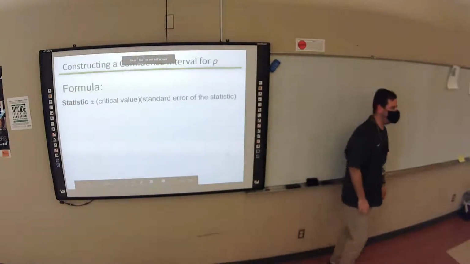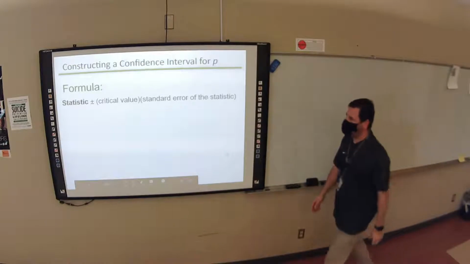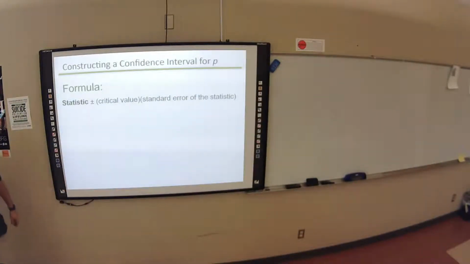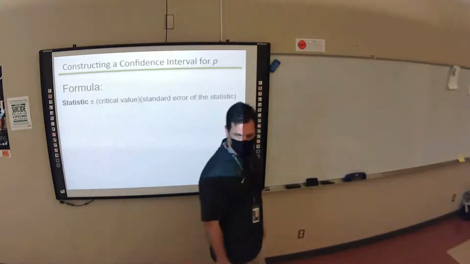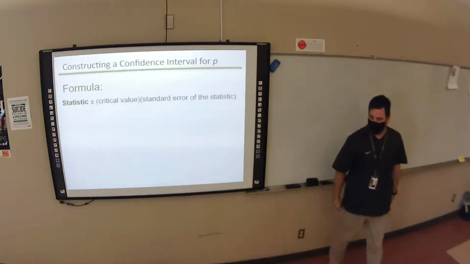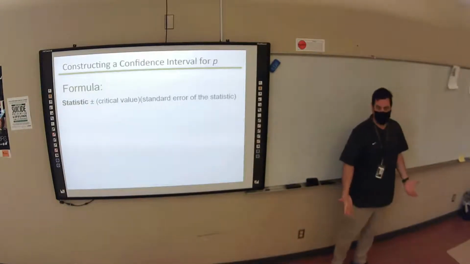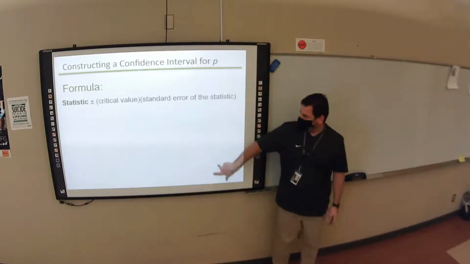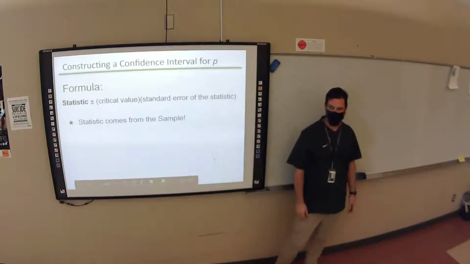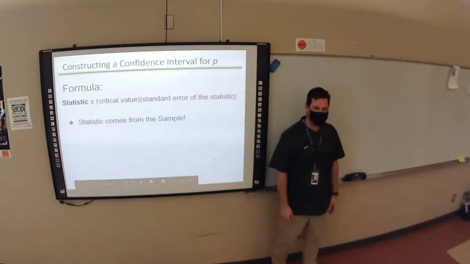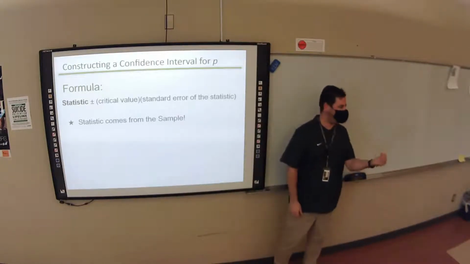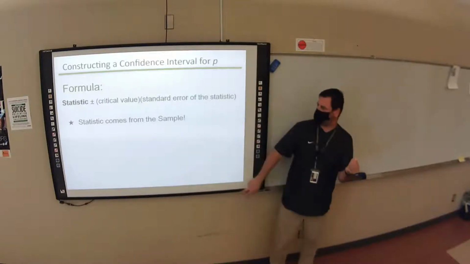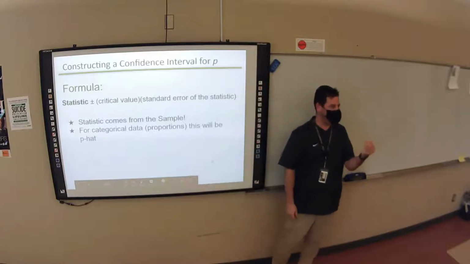All right. So let's go through each one of these as a variable. Statistic. I think you already know what a statistic is, right? Where does a statistic come from? A sample. Good enough? Statistic comes from a sample. If we are talking proportions or categorical data, then that statistic will simply be p hat.